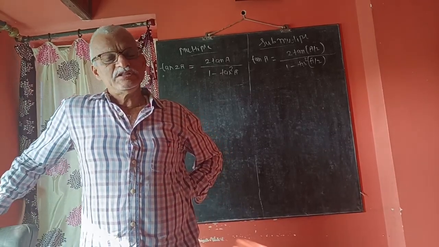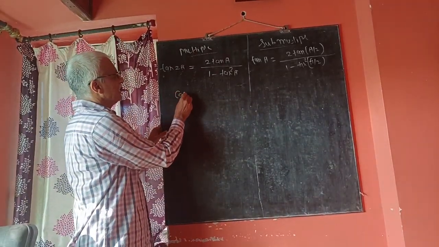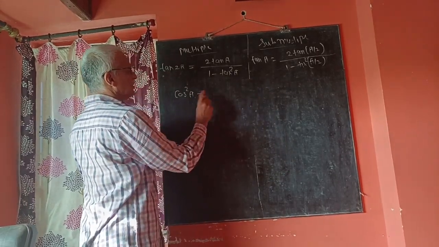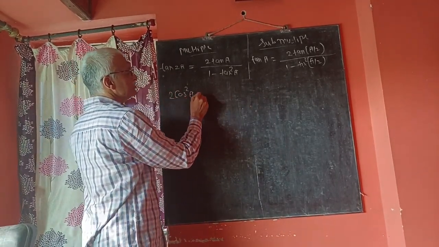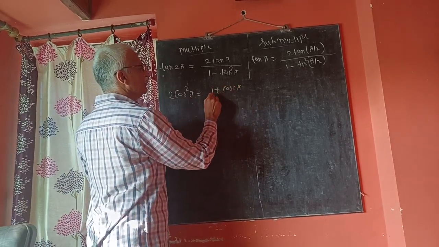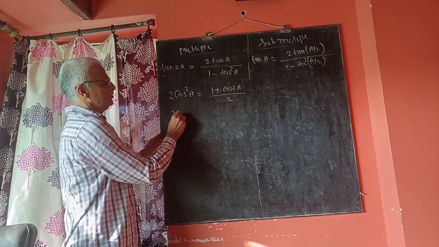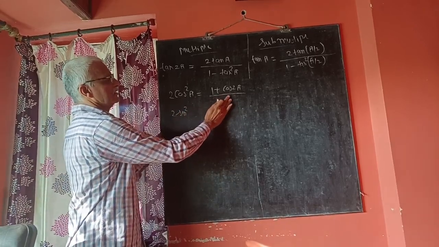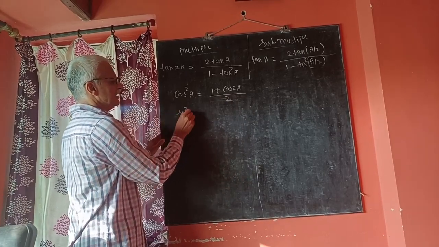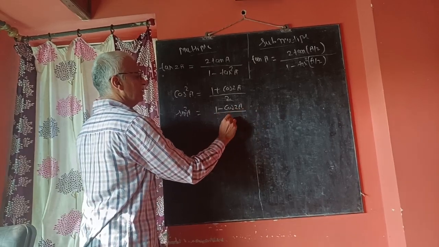Now, along with these 3 formulas, you also have to remember that cos square A equals 1 plus cos 2A divided by 2, and sin square A equals 1 minus cos 2A divided by 2.